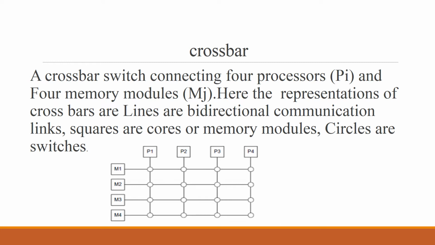So here it consists of 4 processing elements and 4 memory elements. Here the circle represents the switch and the lines represent the crossbars and it is bidirectional in nature, and the square represents processors or memory elements.